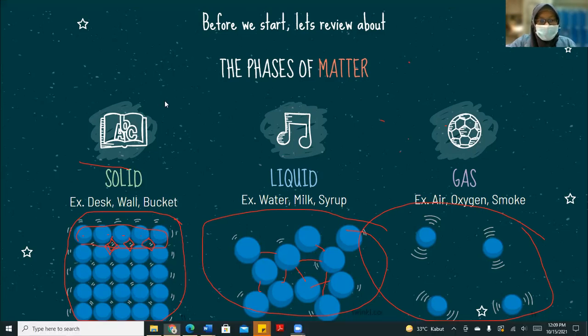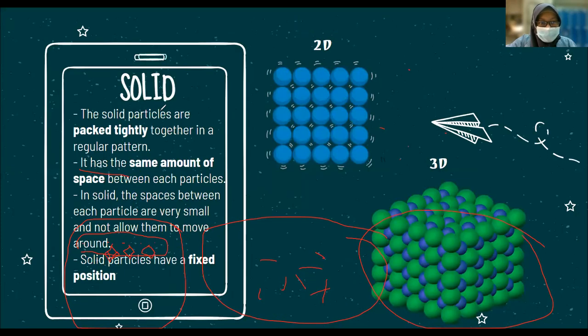Solid particles are packed tightly together in a regular pattern, and there is the same amount of space between each particle. In a solid, the spaces between particles are very small and do not allow them to move around.